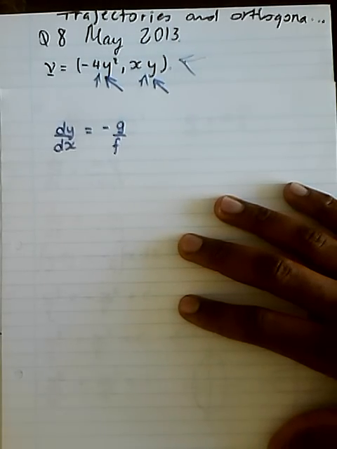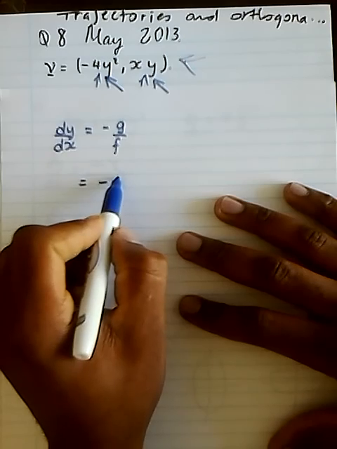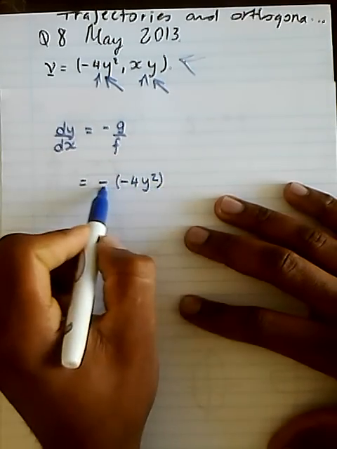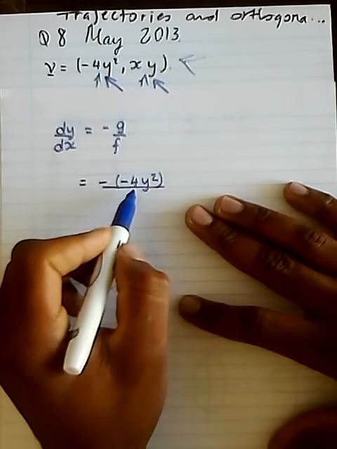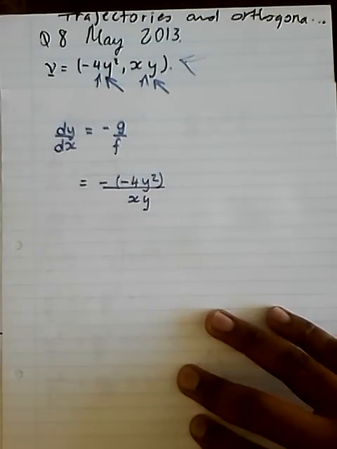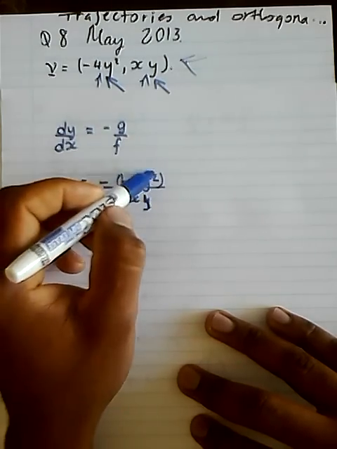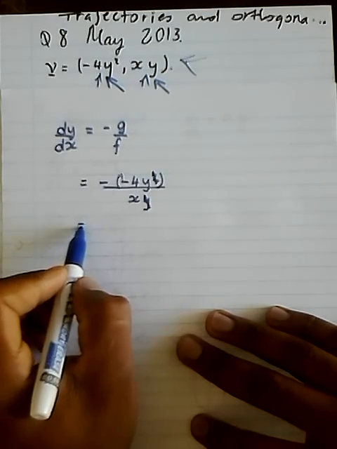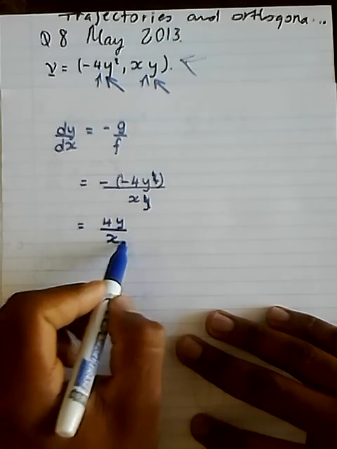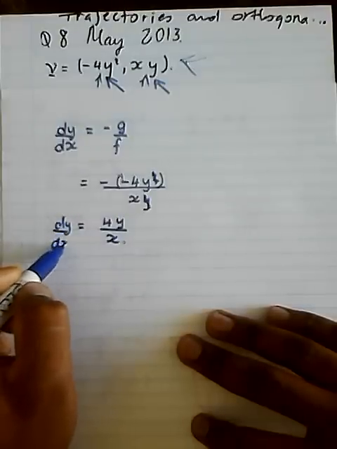So we have dy/dx is equal to minus into minus 4y squared over, and then our f is xy. Note that this minus will give us a positive, and then we cancel out that y, and we are left with 4y over x. And this is dy/dx.